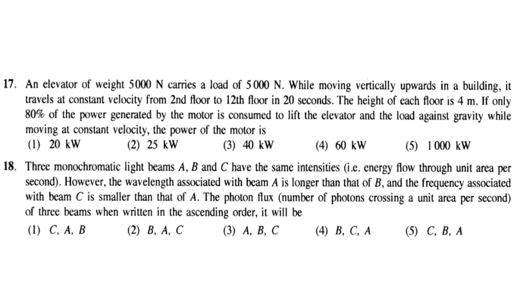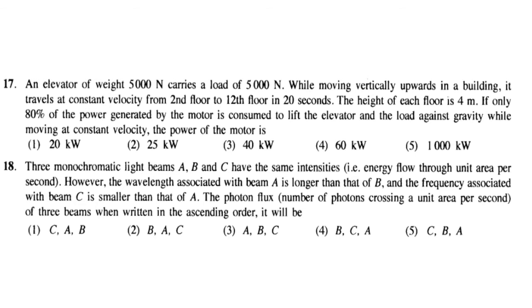That is, it moved 10 floors up, and each floor is 4 meters height, so the height traveled is 10 into 4, which is equal to 40 meters. Then it is moving at a constant velocity, no acceleration. So this 10,000 Newton upward force must be given by the motor to lift this up.